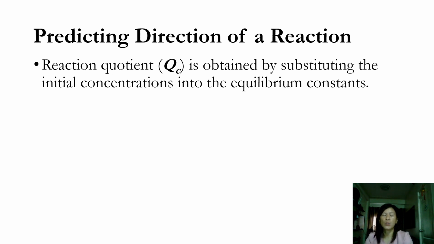So it will determine whether the reaction will be at equilibrium or not. Will it proceed forward, backward, and how can it establish or reach equilibrium? So how do we do this?